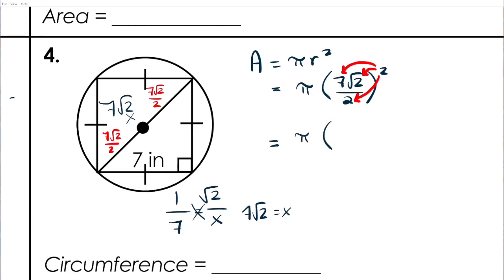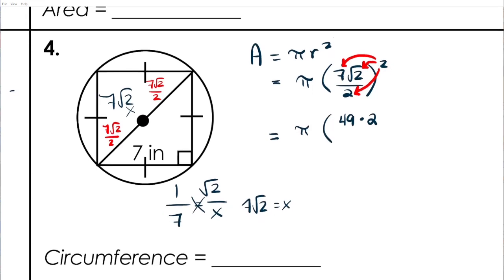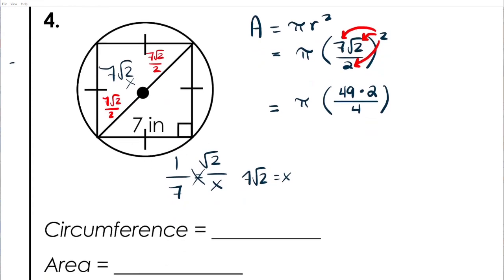So 7 squared is 49. The square root of 2 squared, when you square a square root, disappears. And then over 2 squared, which is 4. Okay.